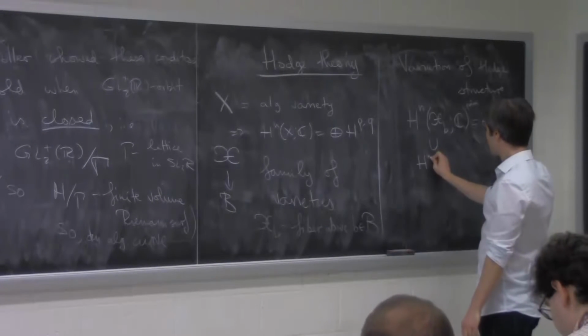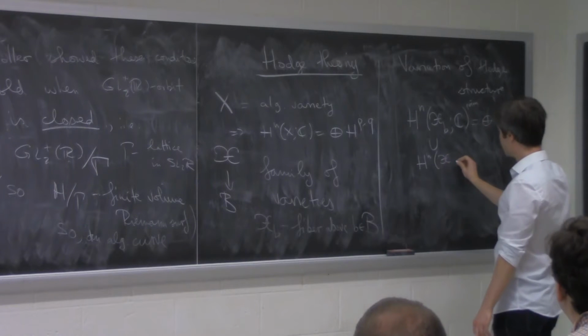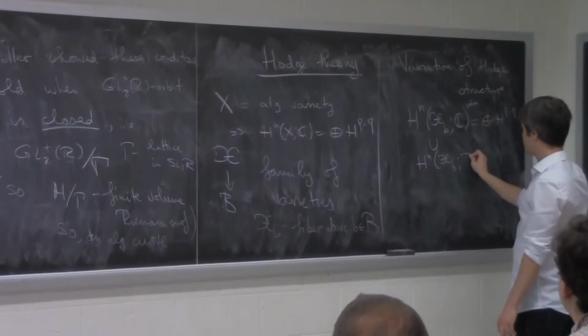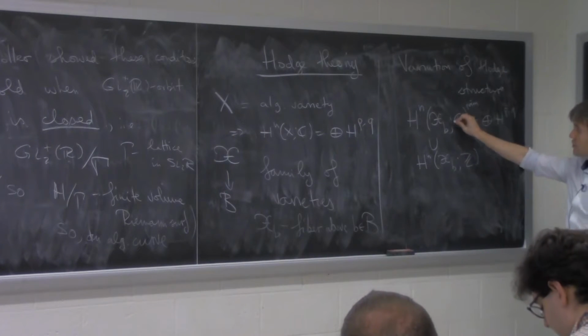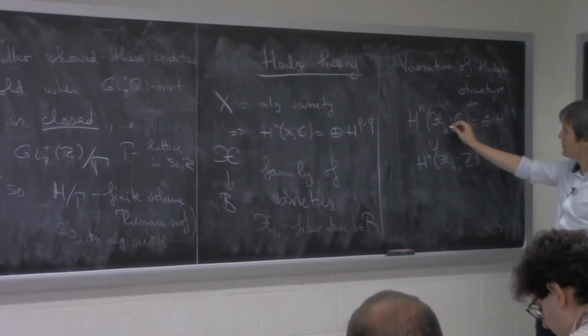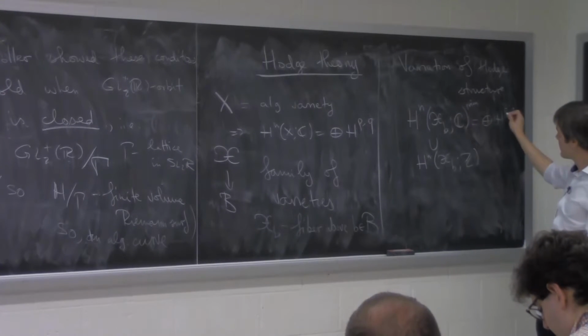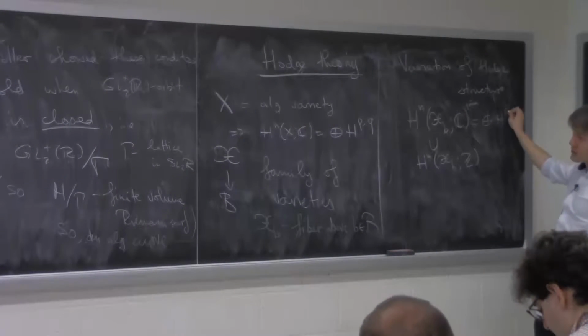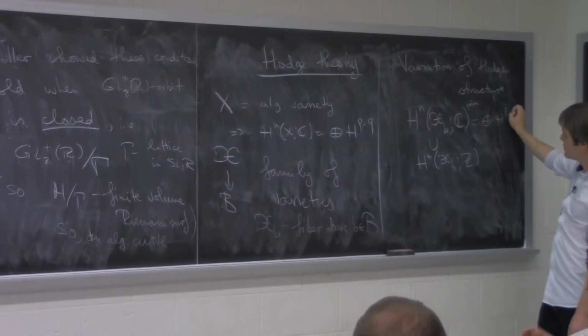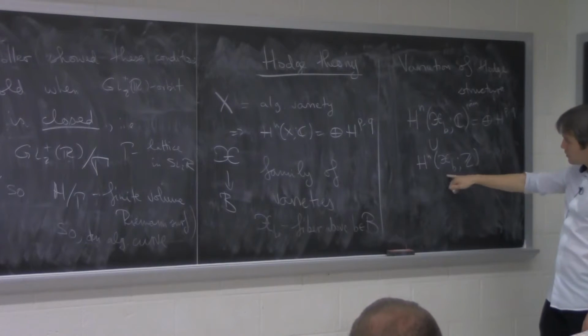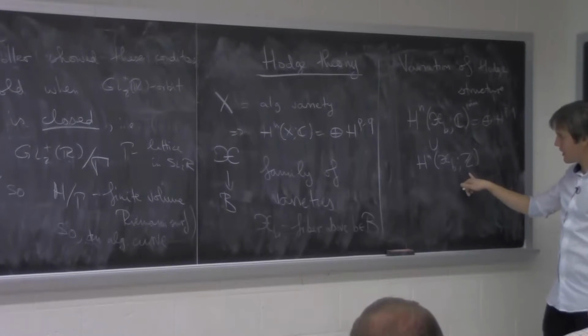And inside, you also have this topological piece, which is just the integral cohomology of this variety. So you have two pieces of data: the part that is related to the complex structure, this H^{p,q} decomposition, and you also have this integral lattice.